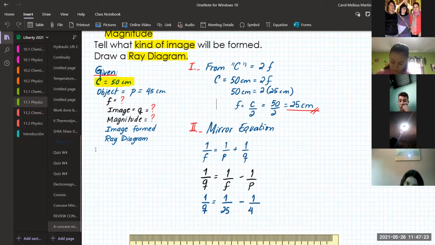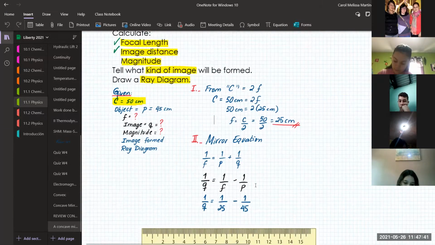Remember that the object P is placed 45 centimeters away. As you notice, I didn't write the centimeters because I'm going to write them in the end. You can write them or ignore them in the procedure. All I want is that you get the exercise correct. So take a look.